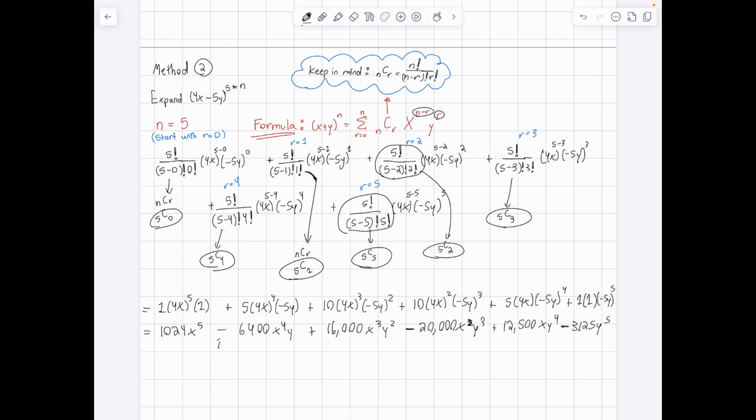So again, you notice this pattern between the minuses and the plus if you have a negative variable in your binomial.